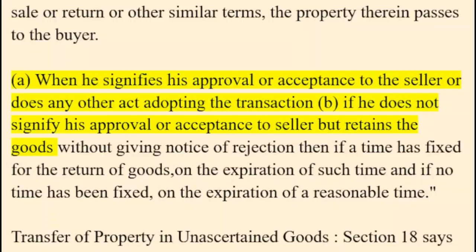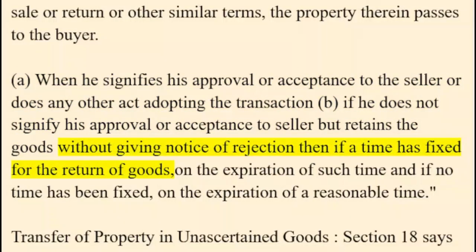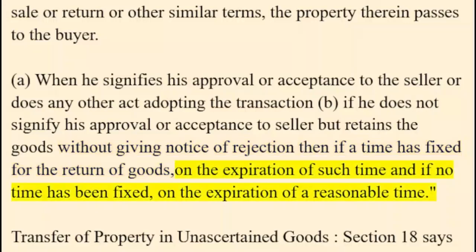B. If he does not signify his approval or acceptance to the seller but retains the goods without giving notice of rejection, then if a time has been fixed for the return of goods, on the expiration of such time, and if no time has been fixed, on the expiration of a reasonable time.